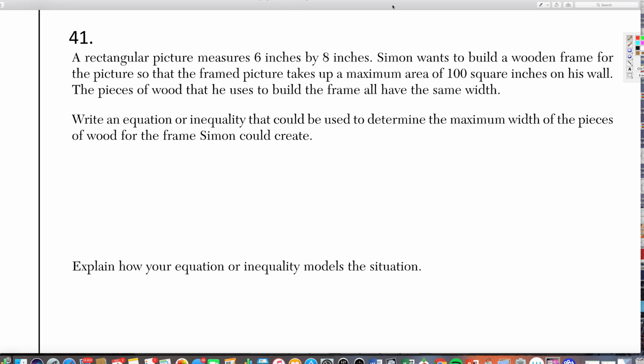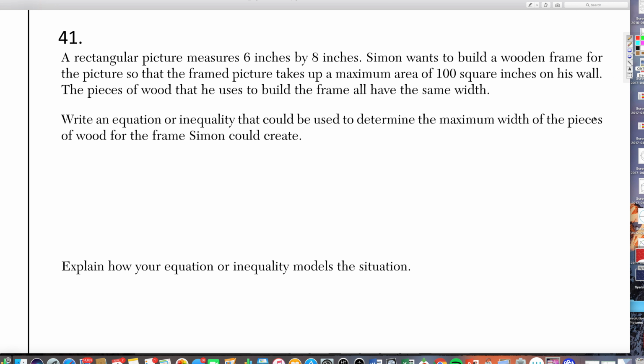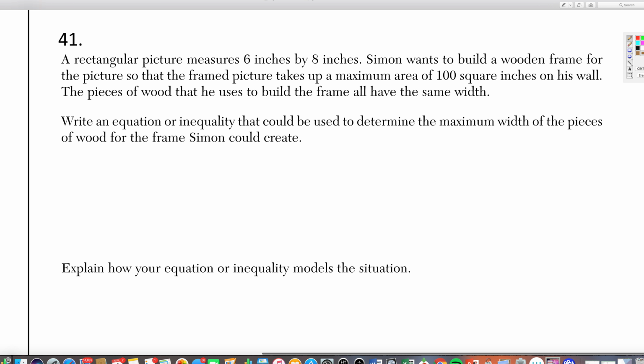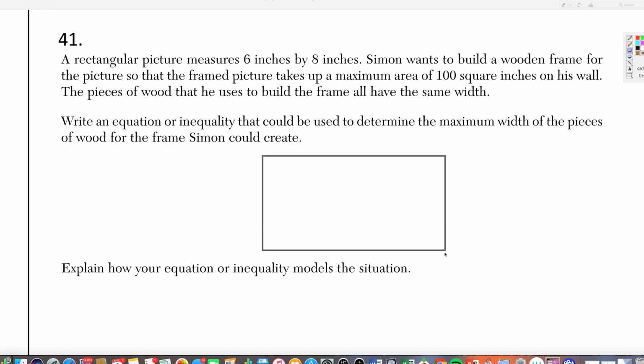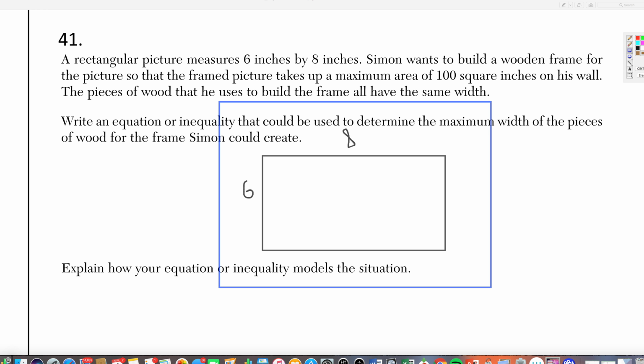Okay, for this question, this could be a hard question, so let's look at it. They say that they have a rectangle and that the rectangle measures, so let's draw a rectangle, 6 by 8, okay? Now they want to put this rectangle in a frame, and they want the frame to have a maximum area of 100, okay?